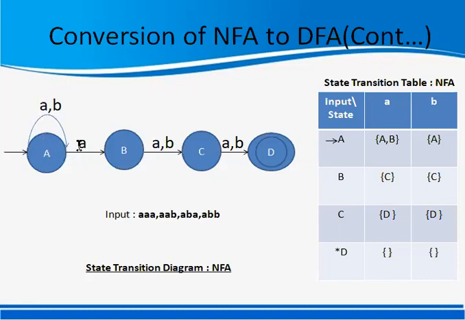So only after scanning the third last symbol A and 2 more symbols after the occurrence of third last symbol A, it will reach the final state D. So it can only accept the strings having third last symbol as A. So this is the required NFA.